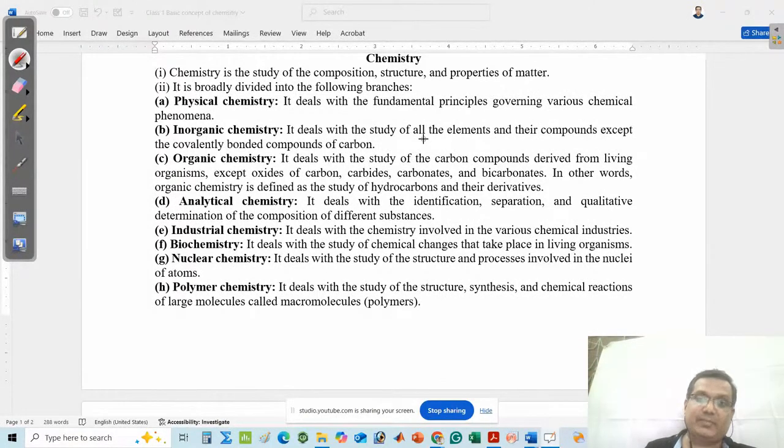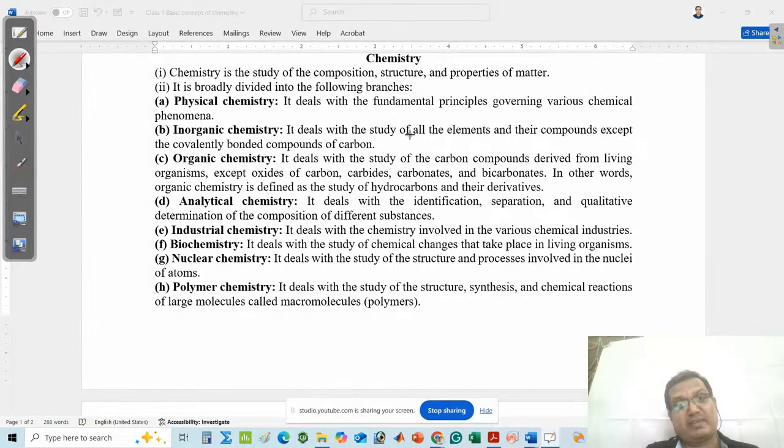So you can define inorganic chemistry as the branch of science which deals with the study of all the elements present in the periodic table and their compounds, except the covalent bonded compounds of carbon. Because covalent bonded compounds of carbon are generally related to organic compounds. So, except the covalent bonded compounds of carbon, all the inorganic compounds, NaCl, baking soda, potassium hydroxide.